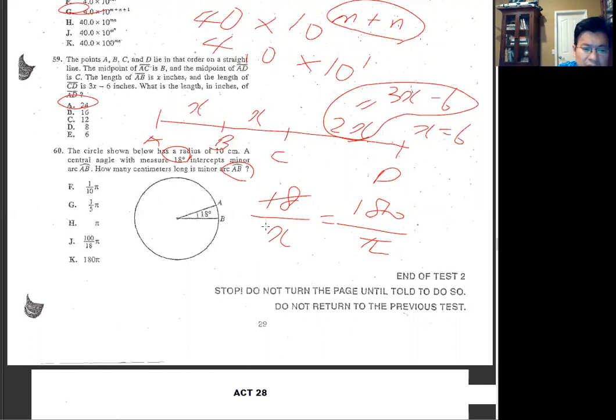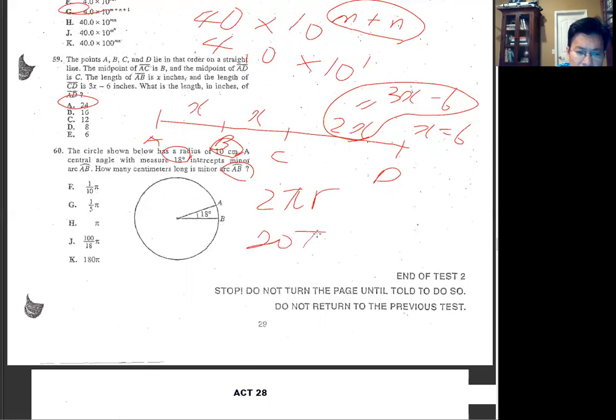Oh my god, I didn't read the question carefully. 10 centimeters, so the entire circle is 2 pi r, 20 pi is the entire thing, times 18 over 360. That's the proportion of it. So if you do this, 20 goes away, pi left.